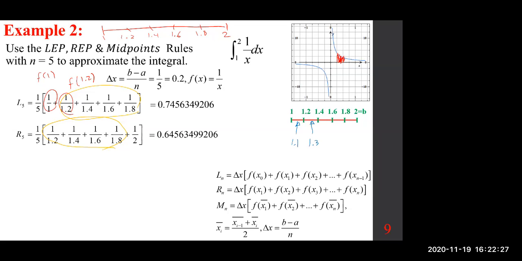Okay, and 1.5, 1.7, 1.9. Just keep up with delta x. And of course, you have to calculate each one. We call it M sub 5. And by the way, that's a better approximation than the other two.